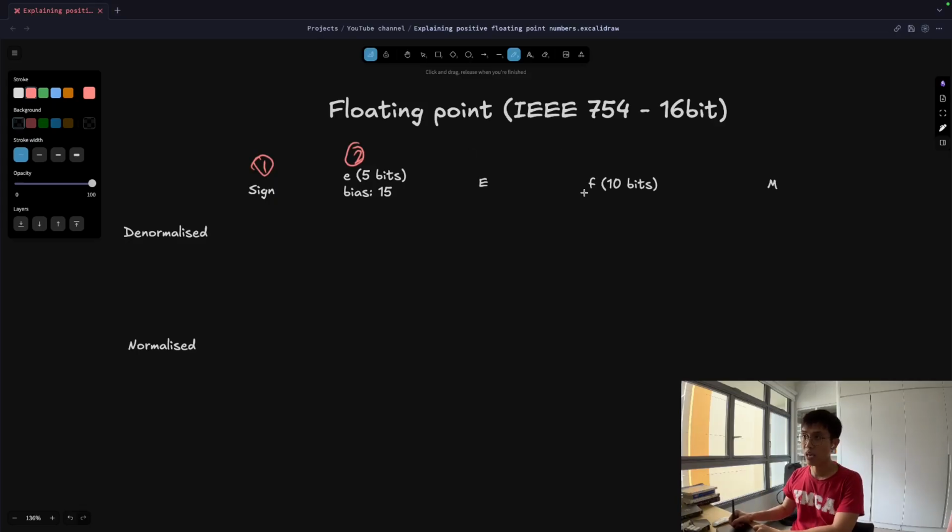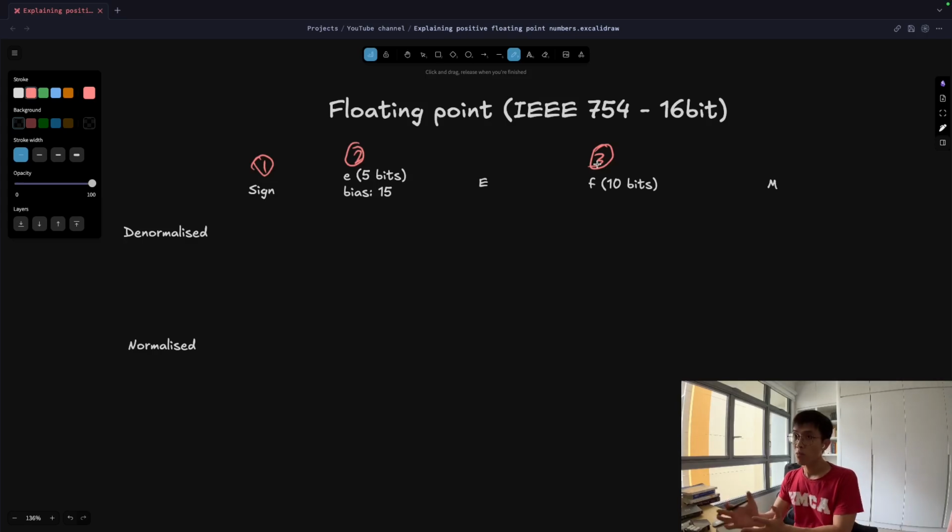And the last one is f, or how I understand it, a fraction. So in 16-bit floating point, the sign bit takes one bit, the E part takes 5 bits, and the F or fraction part takes 10 bits.